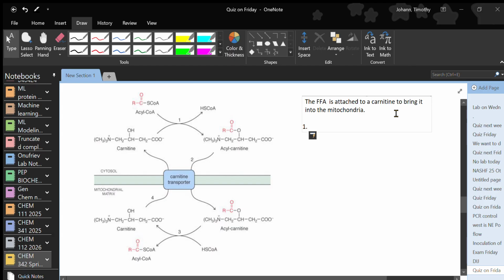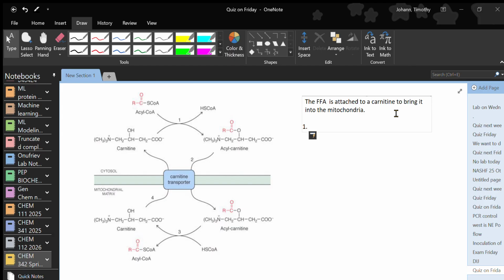If you can't take fatty acids in because you don't have enough carnitine, what do you think the symptoms of that would be? Carnitine is a carrier that the carnitine transporter is going to recognize as a handle and use to bring fatty acids across the membrane into the mitochondria.